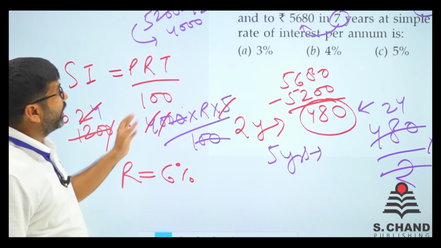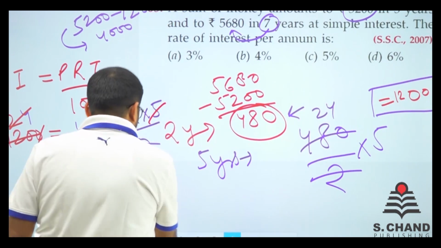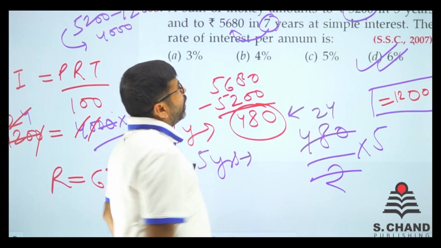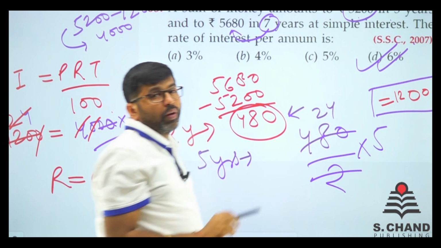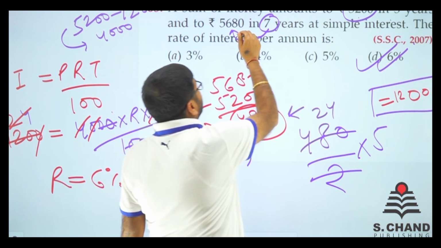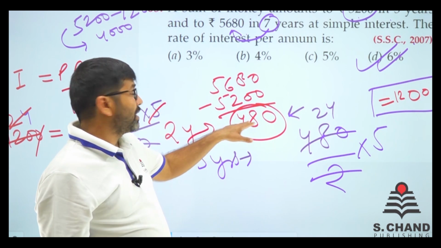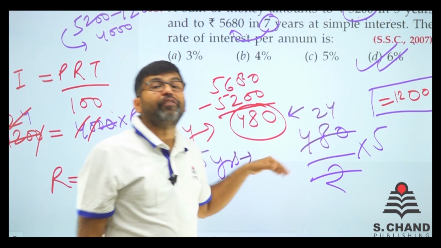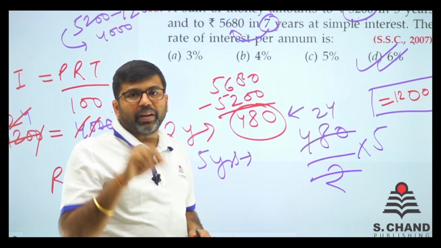On the 6%, everything can be done. So is there any option called 6% in the answer? Yes, it is. Let me tell you what I did. I had 5200 for 5 years and 5680 for 7 years. So when I subtracted this, I got simple interest for 2 years. Simple interest for 2 years is given. For 5 years we need to calculate. Divide this by 2, get 1 year simple interest.